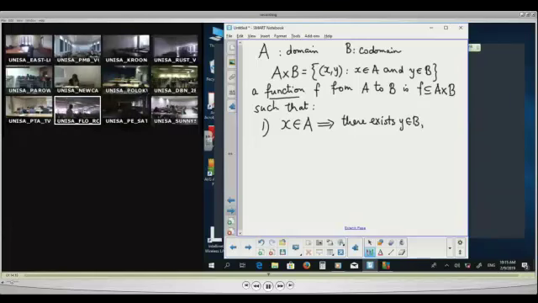Right? For each of these inputs, I must have taken this, otherwise there is no point in considering, right?